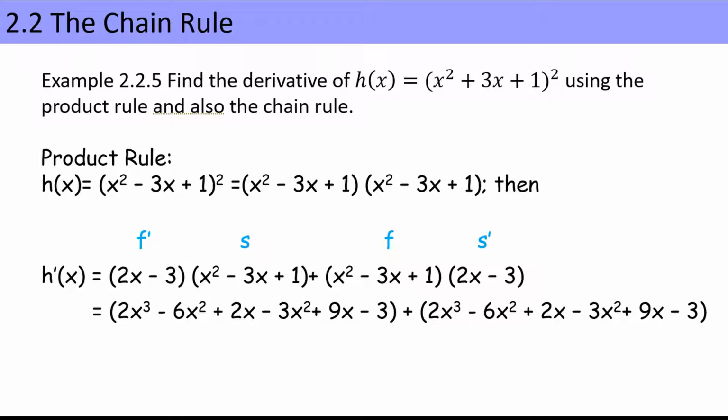Then we'll multiply the next two factors together, which will also give you 2x cubed minus 6x squared plus 2x, then minus 3x squared plus 9x minus 3. Let's combine like terms. And when we do, we see that the derivative h prime of x is 4x cubed minus 18x squared plus 22x minus 6.